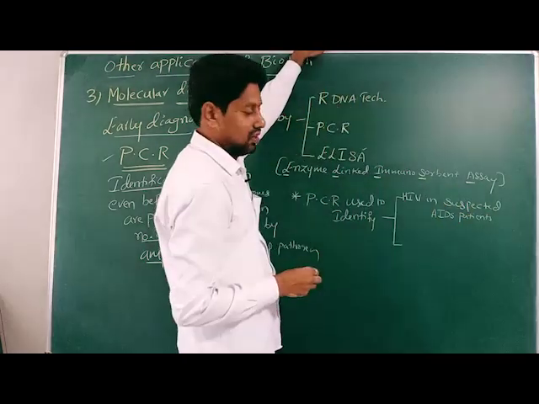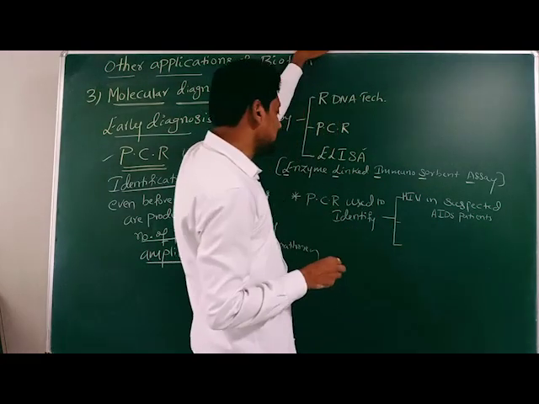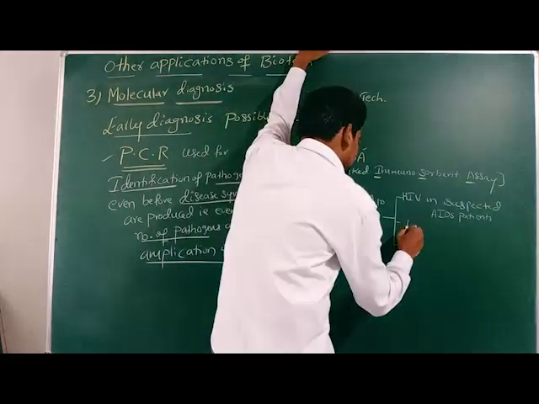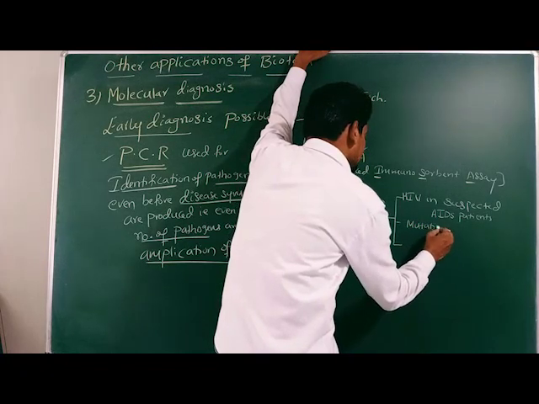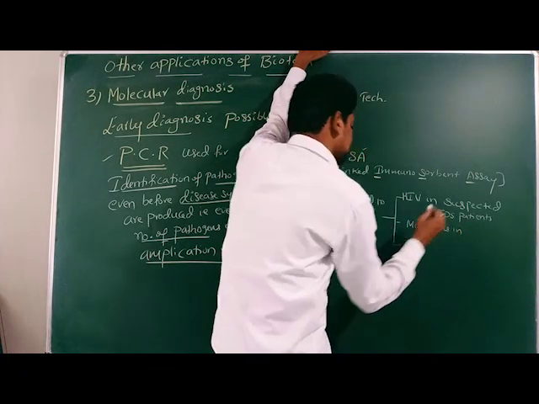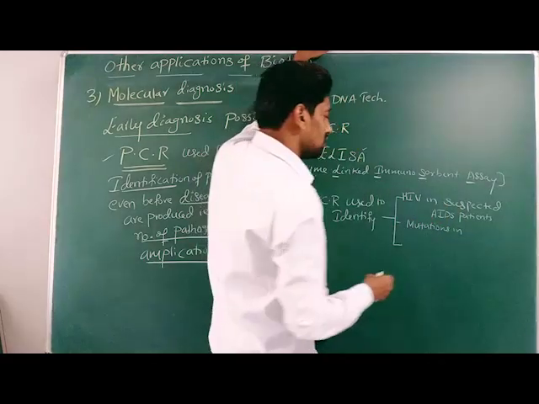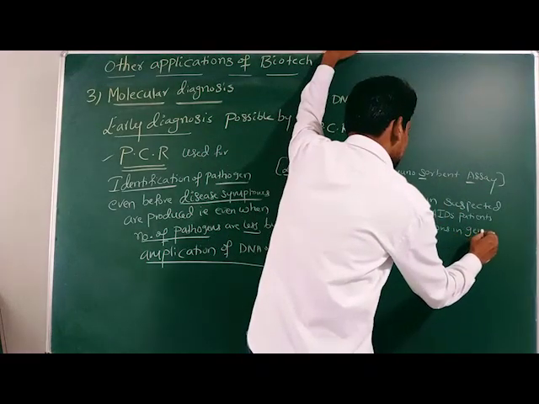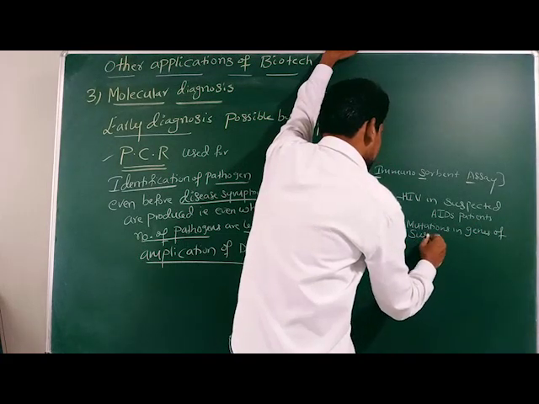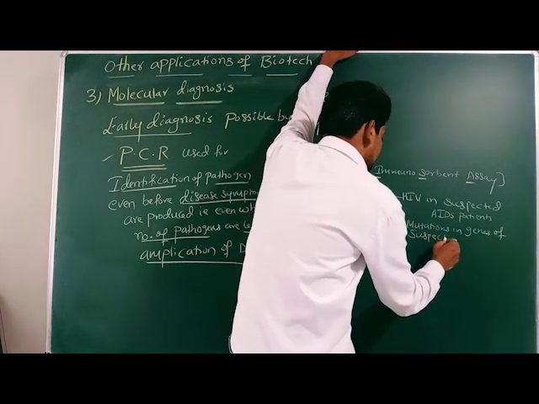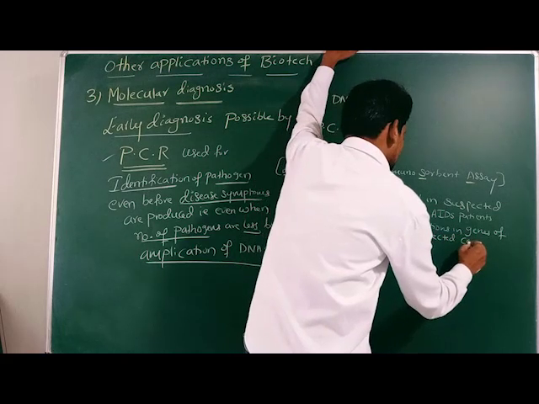This we discussed already. Number 2, PCR is used to identify mutations in genes of suspected cancer patients.